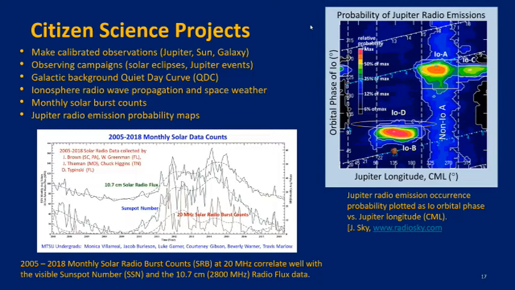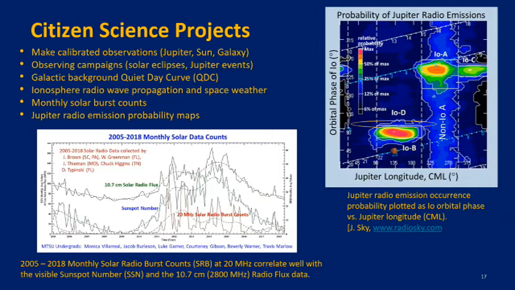So what we want to do is to get enough data points to try to characterize what the Milky Way galactic background would look like at different latitudes. Studying how the radio waves propagate through the ionosphere.